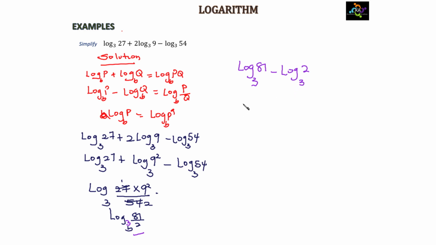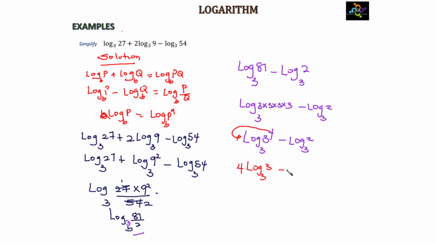Then what will be the answer for this? Now you continue. You have log 81. Turn 81 to indices: 3 times 3 times 3 times 3 base 3 minus log 2 base 3. Then definitely you have log 3 raised to power 4 base 3 minus log 2 base 3. Now this power comes to the front, becomes 4 log 3 base 3 minus log 2 base 3.